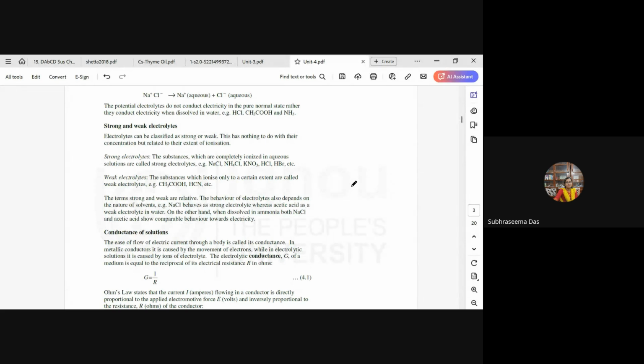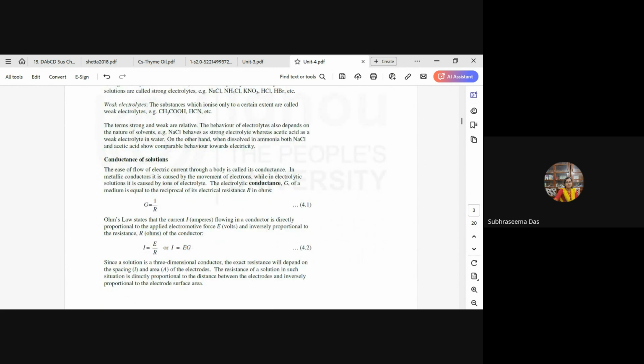Now, the behavior of electrolytes also depends on the nature of the solvent. For example, sodium chloride behaves as a strong electrolyte in water, but acetic acid behaves as a weak electrolyte in water. On the other hand, when we take dissolved ammonia, both NaCl and acetic acid show similar types of dissociation. So that is why the terms strong and weak electrolyte are relative to each other.